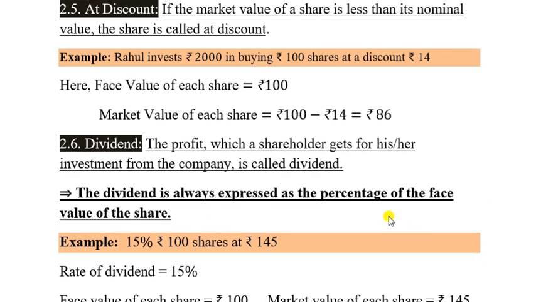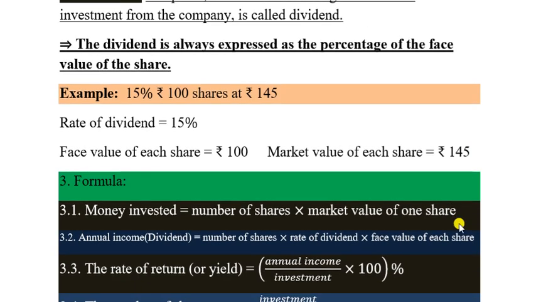See, for example, here it is written 15%, a 100 rupees share at 145 rupees. See, in front of this 145 rupees, what is given is the market value, and the face value is 100 rupees, and this 15% I will write here as the rate of dividend, which means rate of profit also we can say.